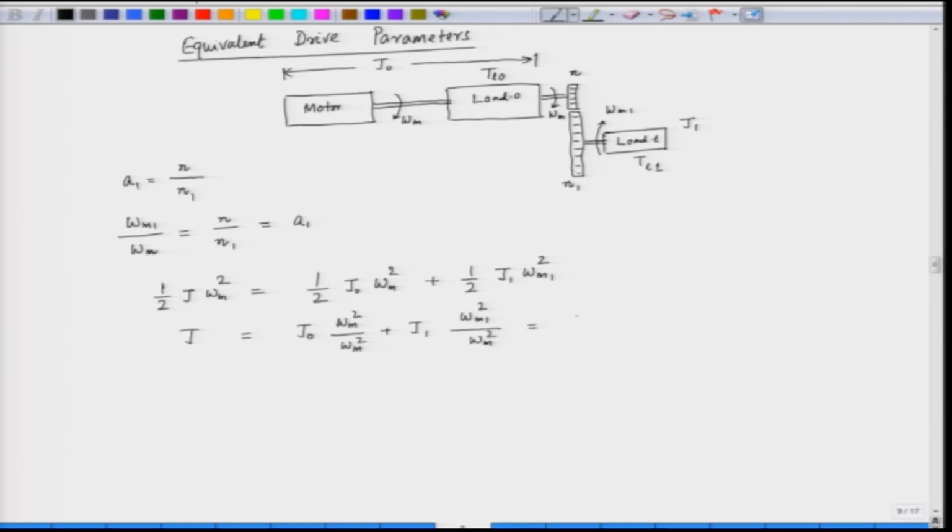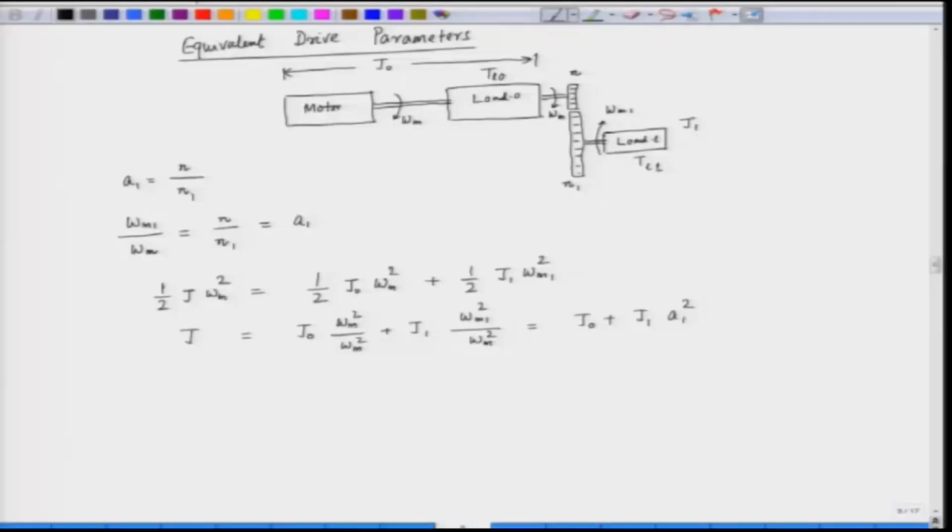That is equal to j naught plus j 1 into omega m 1 by omega m, which is a 1. So, this is a 1 square. So, j, the total inertia seen by the motor, is equal to j naught plus j 1 into a 1 square.